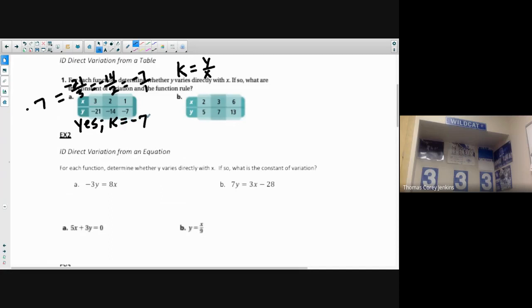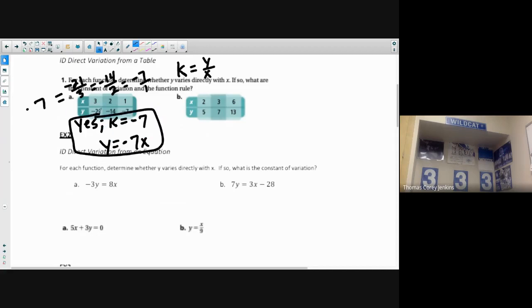And then it also wants the equation. So the equation of a proportional line is y equals mx. The equation for this type of line, you can also write as y equals kx because the constant of variation acts as our slope. So we would just say y equals negative 7 times x.